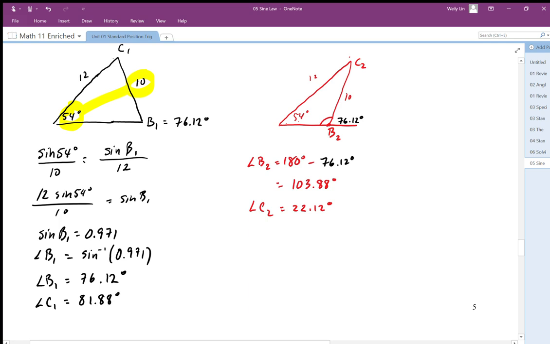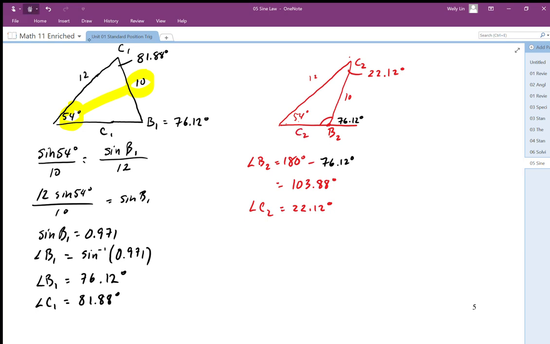So this angle in here is 81.88 degrees, and this angle up here in this triangle is 22.12 degrees. There we've solved for the three angles of that triangle. We just need to solve for the third side now. That's side C1 here, and that would be called C2 over here.